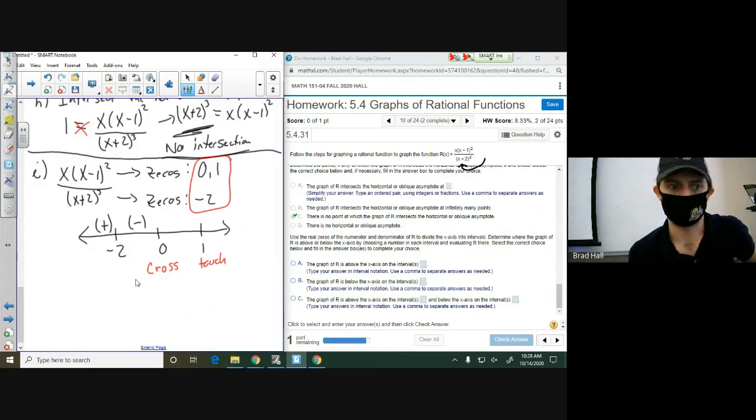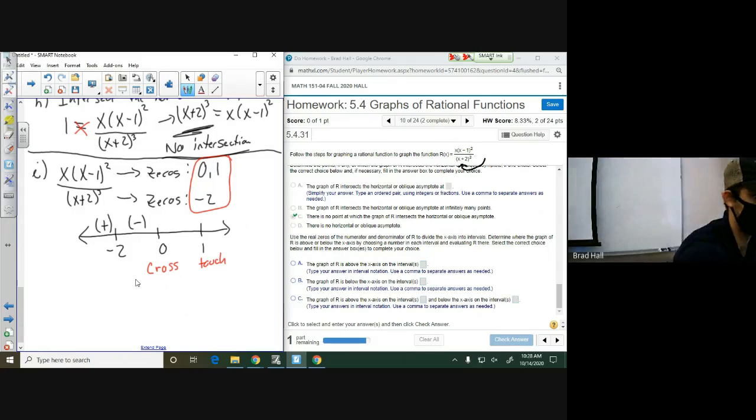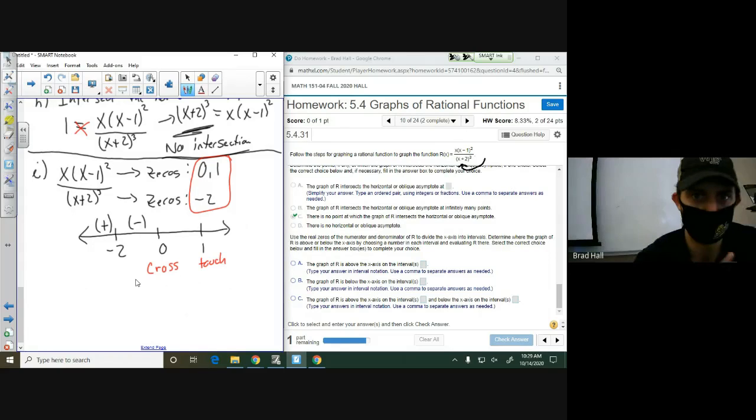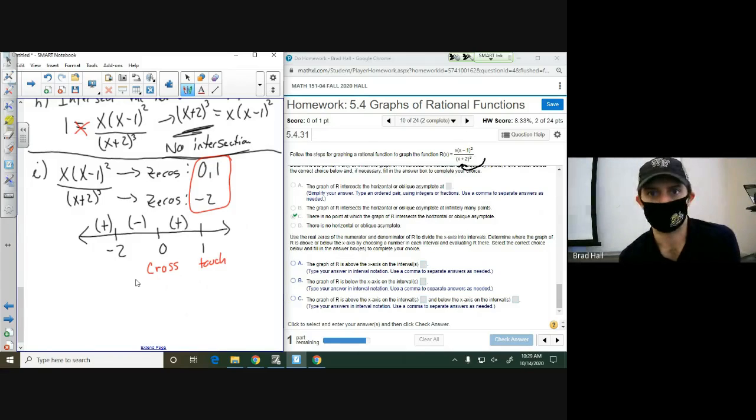And the reason why that is helpful is because this tells us that the signs will alternate around anything that crosses, and the signs will repeat around anything that touches. So since 0 crosses, then if there's a negative on one side, then it has to alternate on the other side, because that's what it means to cross.